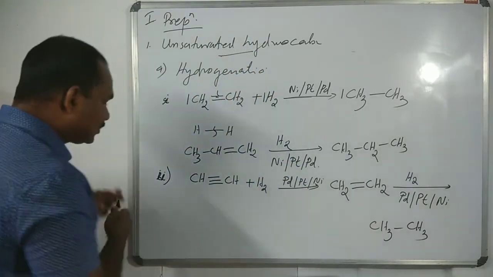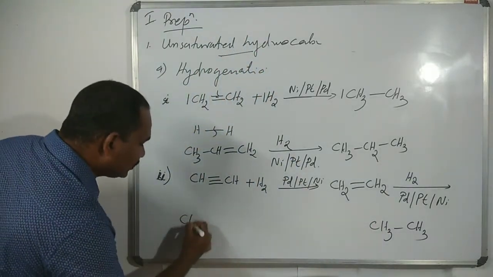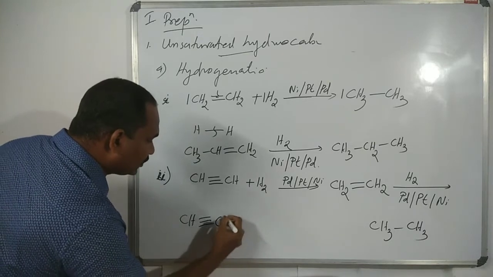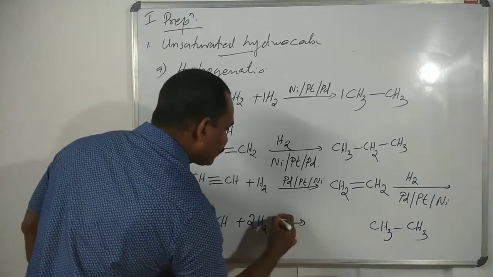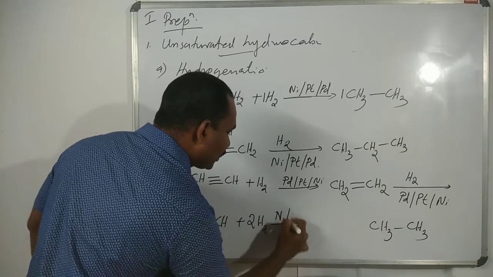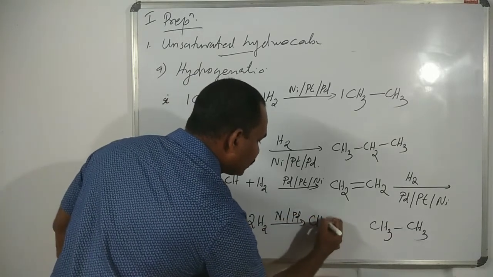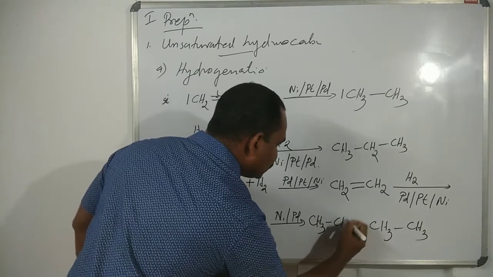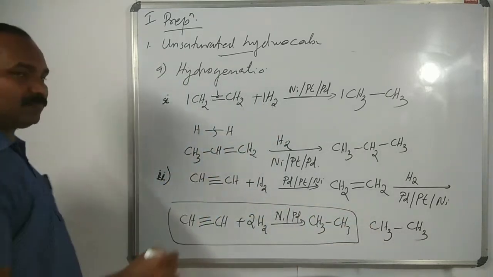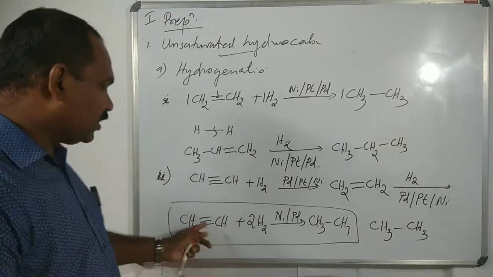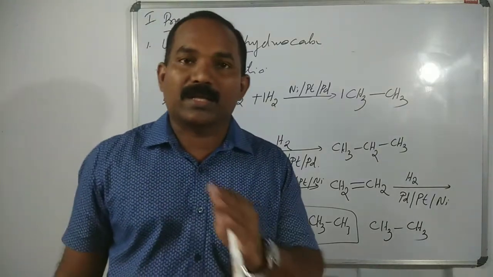The reaction is shortly written as CH triple bond CH plus 2 moles of hydrogen in the presence of nickel or palladium, we get CH3 CH3. This is also correct.